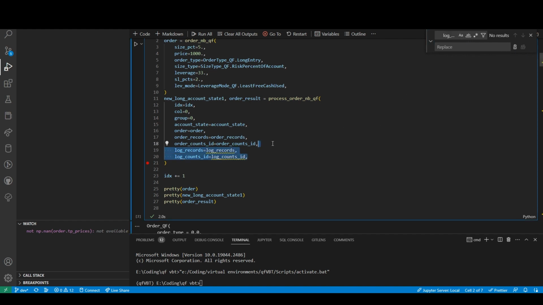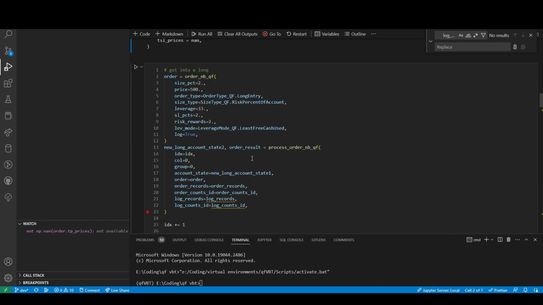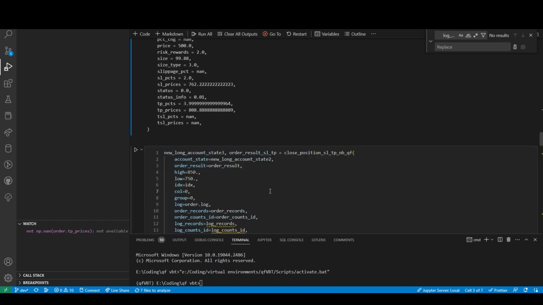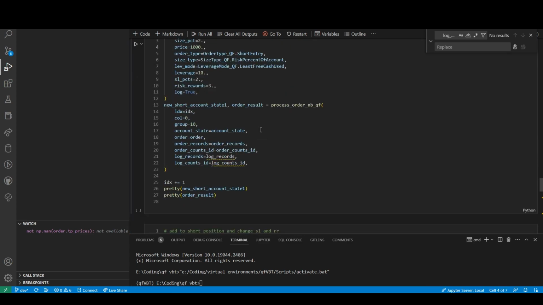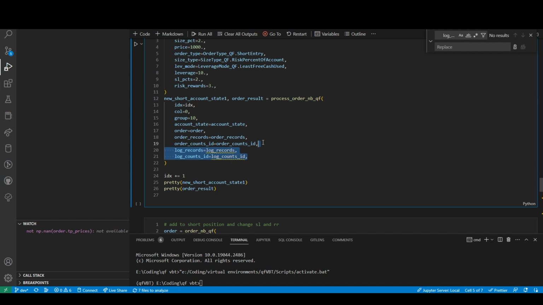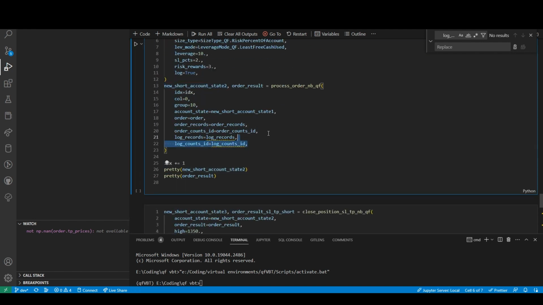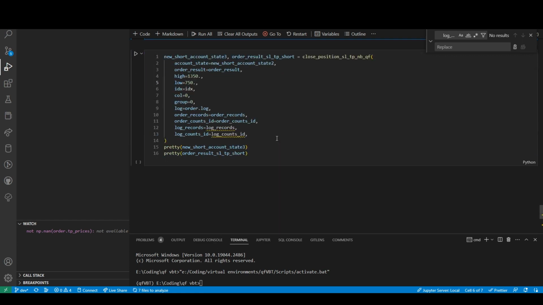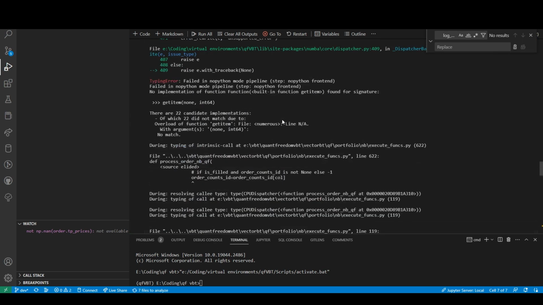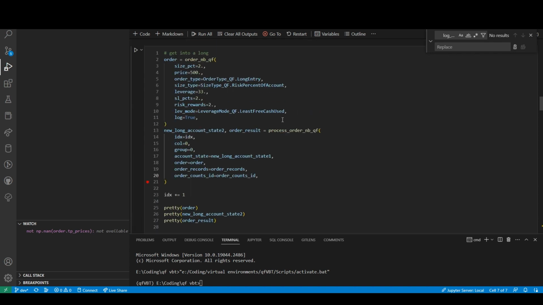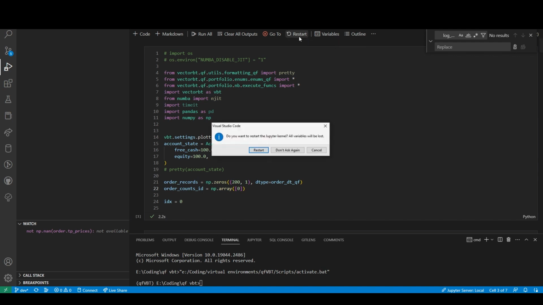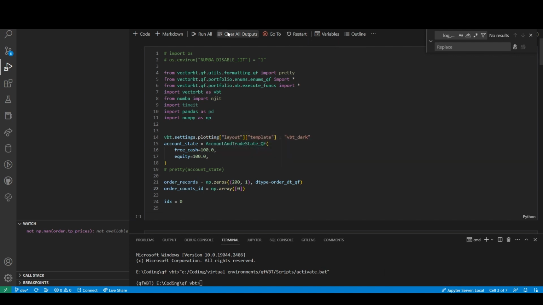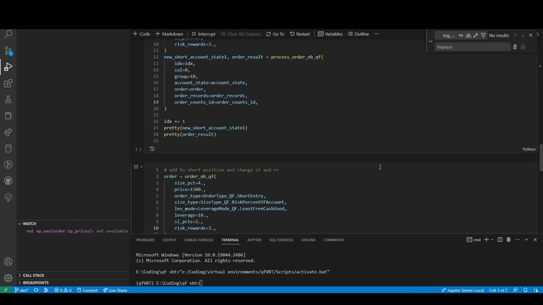I guess not. This, get rid of this. Get rid of the logs. Let's just see what this does. Where's log? True. Let's try it again. Get rid of the logs.